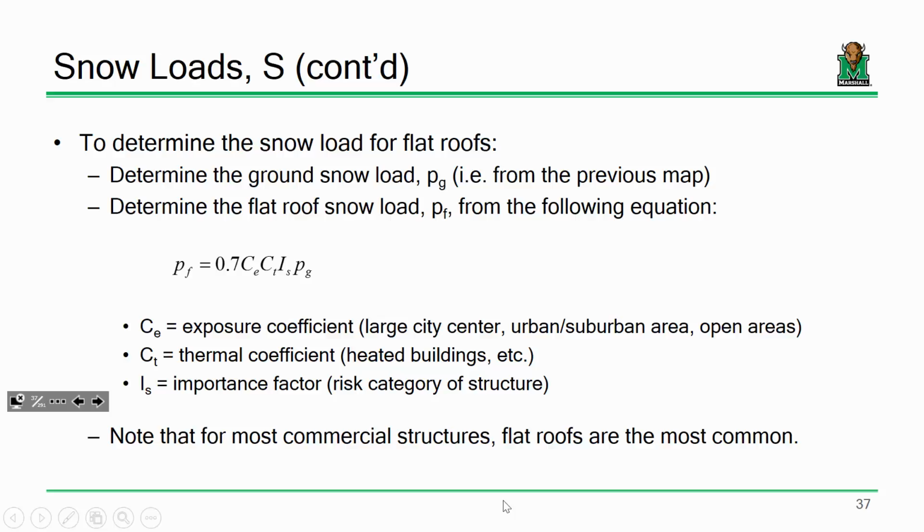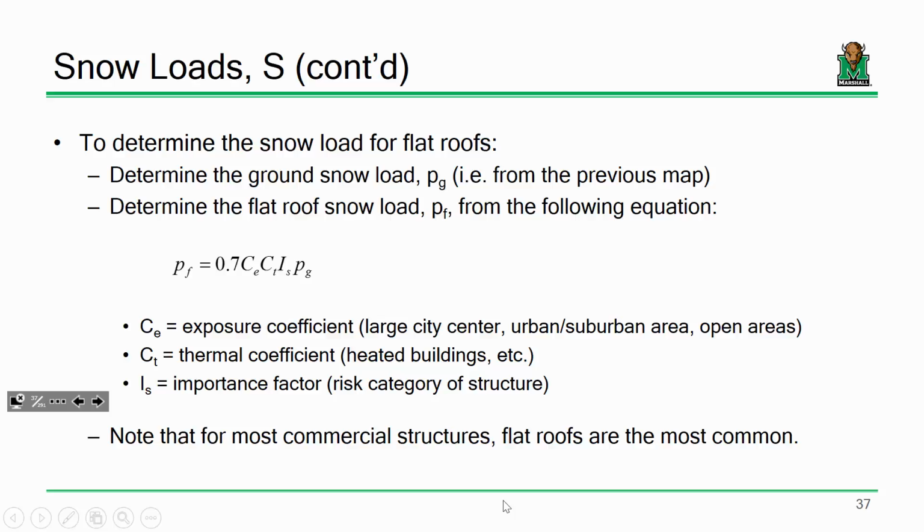So you would take the ground snow load and adjust it by a few constants. First off, the exposure coefficient. We're going to talk about that in a sec, but the steel design folks, I think you've already seen this before. The thermal characteristics of the building obviously matter. If you're dealing with something like a greenhouse that had a heated roof, it stands to reason you're going to have different snow loads, right? Make sense?